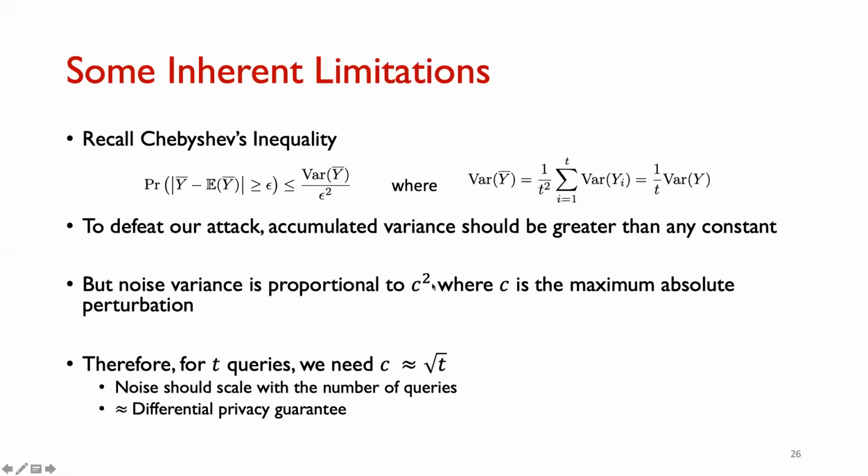And the variance of the noise is proportional to C squared, where C is the maximum absolute perturbation. So what this means is that for accumulated variance to be a constant, the scale of the noise should be proportional to the square root of t. Incidentally, this is also the guarantee from differential privacy if we were to use a Gaussian mechanism under concentrated differential privacy.